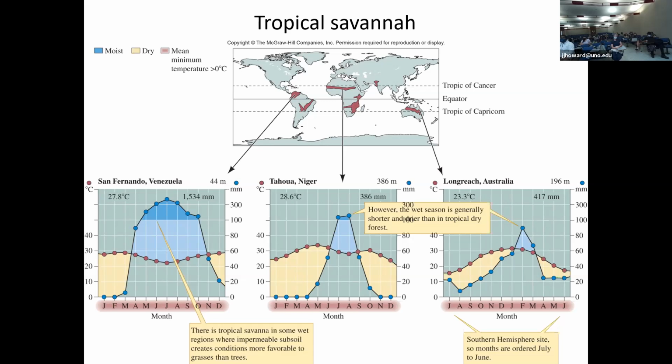Trees don't do well when their roots are flooded. Grasses have very superficial roots, and so this is a savanna not because of the length of the dry season, but because the trees can't respire. Only the grasses persist. So things that determine whether you are a forest or a savanna include soil moisture. Too wet, you're a savanna. Fire, frequent fires, you're a savanna. And the length of the dry season. Long dry season, you're a savanna.